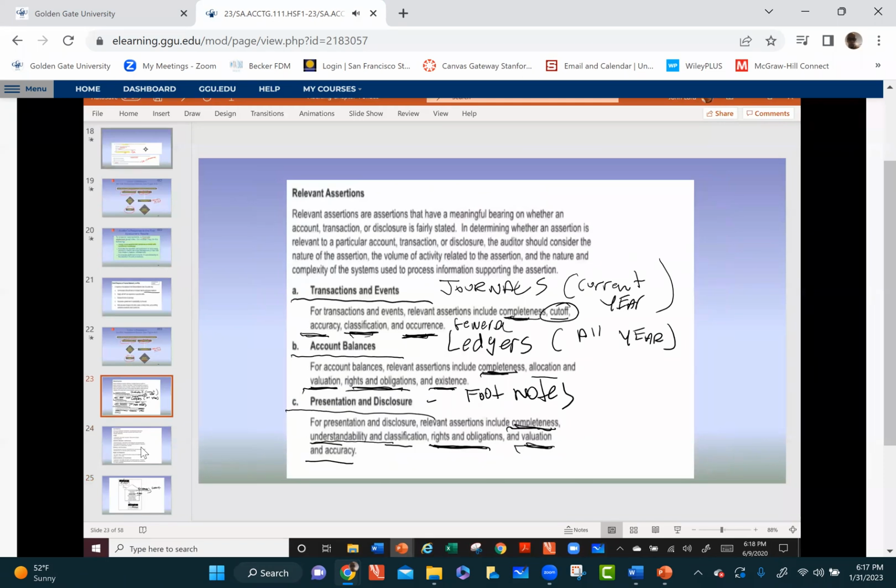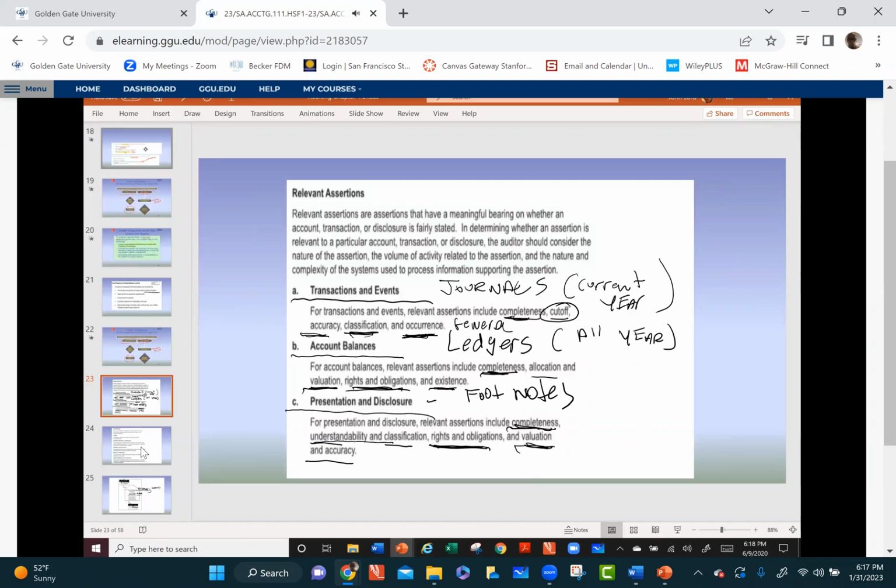It's not just existence, what we've proved by finding the thing, but also rights and obligations. I want to see something that proves that they actually purchased it. So different assertion, different audit procedure. For the existence assertion, the audit procedure is to go find that robot and check the inventory tag.